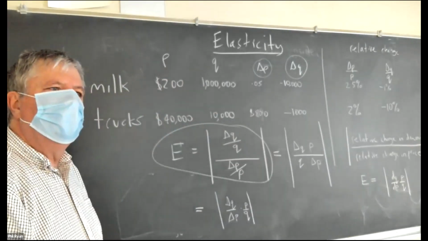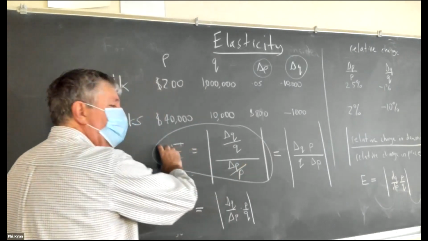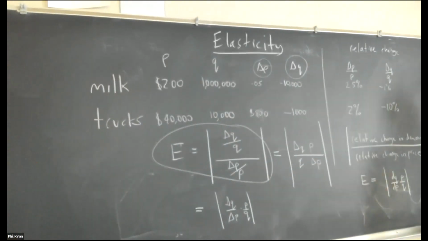How can we turn this into a multiplier? Well, what we do is just bring this up to here. So we see that delta Q over Q equals E times delta P over P. Okay, so what does this mean?